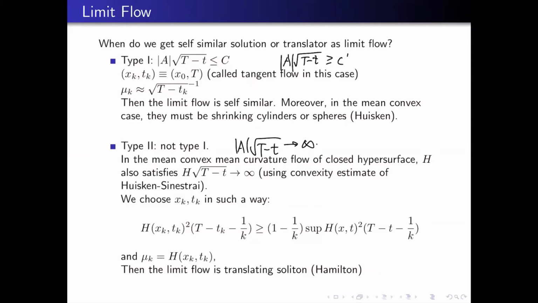In the mean convex case, we are able to show that the mean curvature actually blows up at a similar rate as the curvature because of the convexity estimates. This estimate roughly says that near the high curvature region, the solution is almost convex, and therefore the mean curvature is comparable to the total curvature.